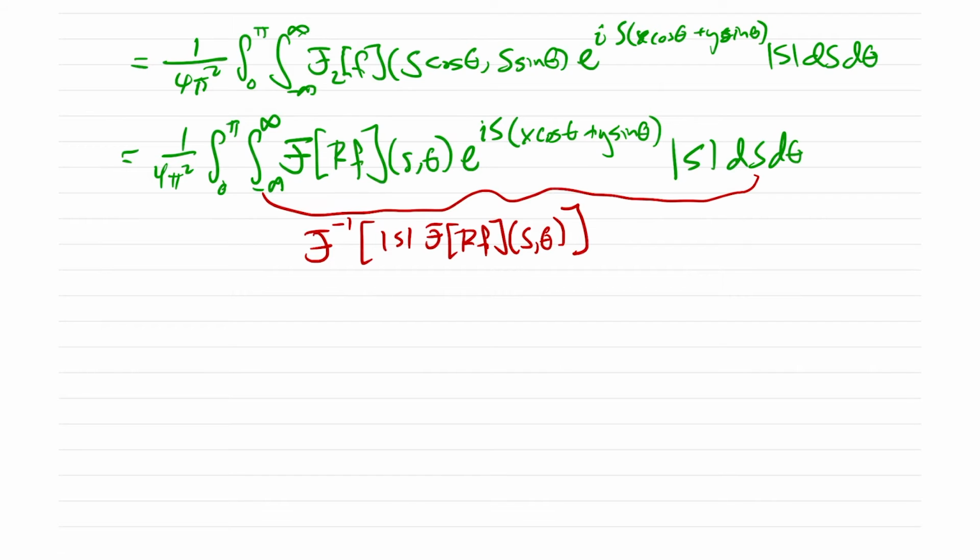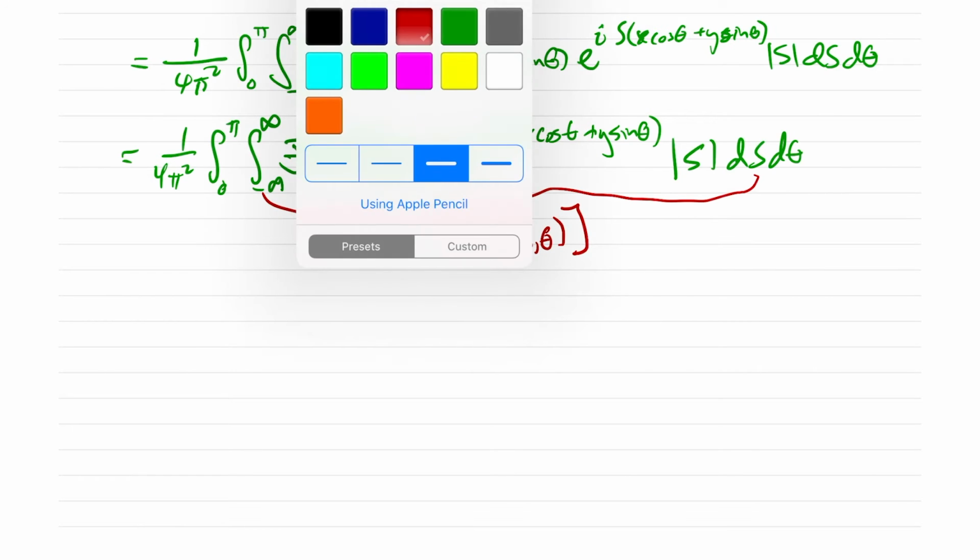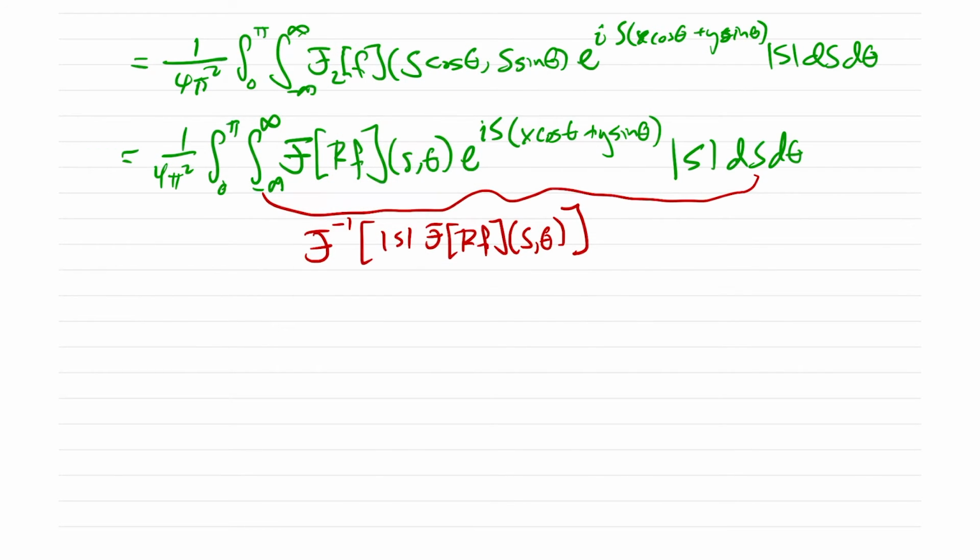So then what we end up getting is, because I'm getting excited, let's change color. Oh, and I should also say it is evaluated at x cosine of theta plus y sine of theta, comma theta. So if we go ahead and plug that in, what we end up getting is this. Like I said, getting excited, so let's change to purple.